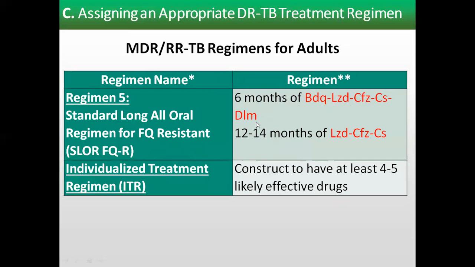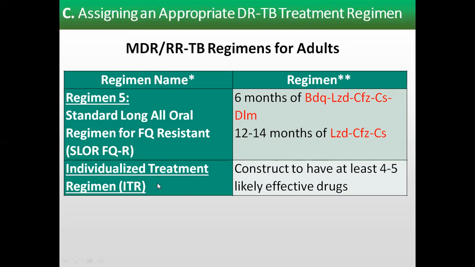Any use of these 2 drugs more than 6 months is already off-label use. So, kailangan na ng approval ng TB MAC. So, matitira na lang is linezolid, clofazimine, and cycloserine.